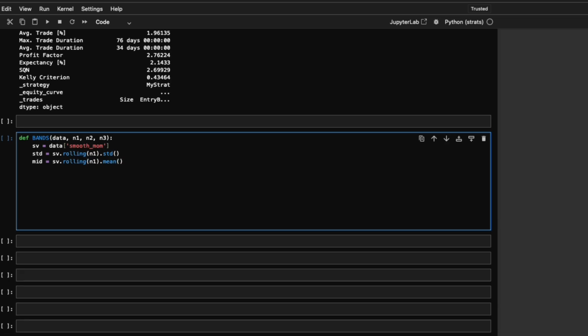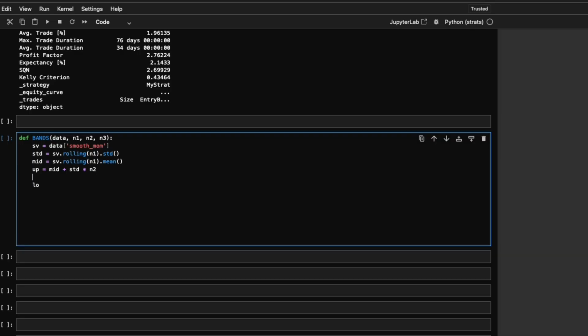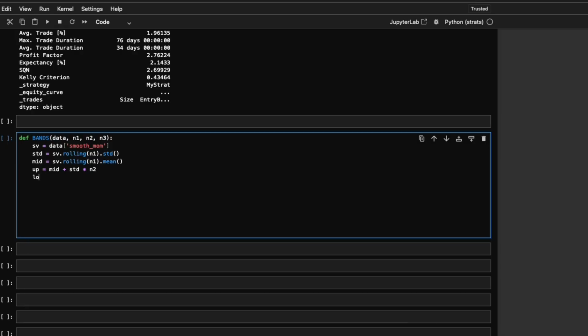So that's those calculated. For our upper line, that would be equal to, I've got to remember this, our midline plus the standard deviation times N2. That's right, isn't it? We'll find out in a minute.